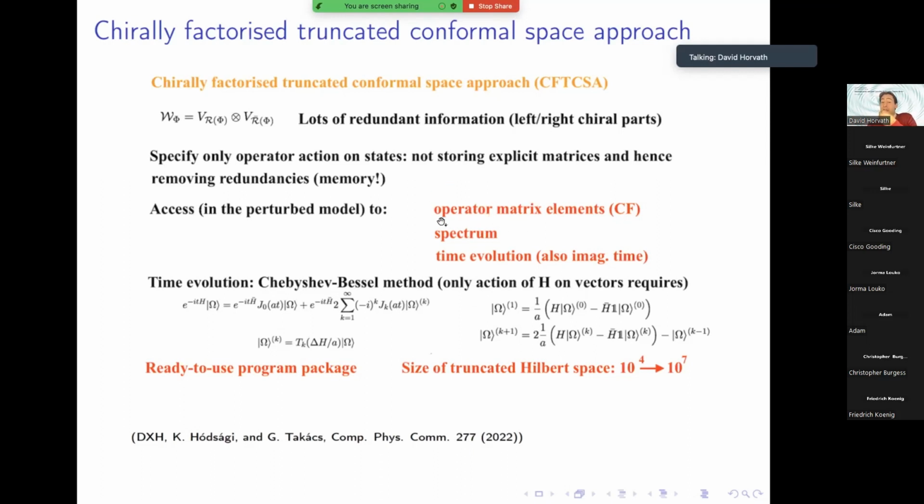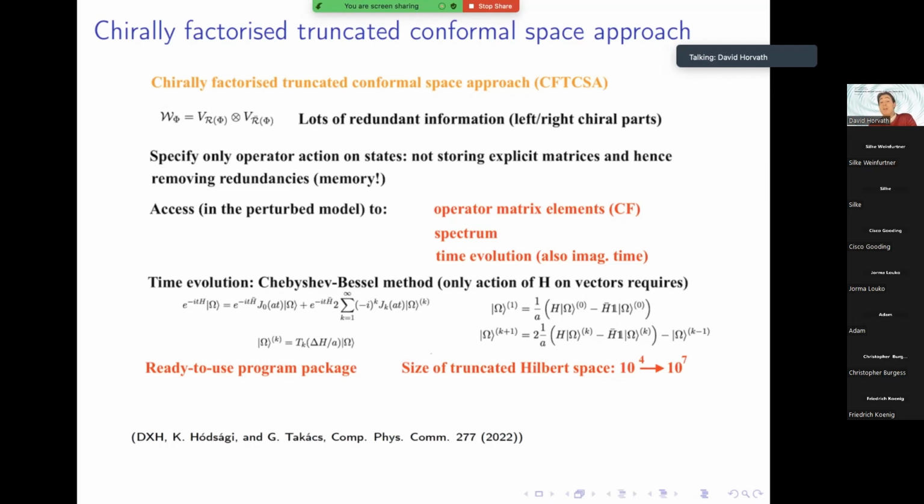If you only know how your, say, Hamiltonian acts on a vector, then you're already in a very good position because you can compute the spectrum of your theory, because Lanczos and other Krylov space algorithms require only the action of your matrix on a vector. You can do time evolution, also imaginary time evolution, because the Chebyshev-Bessel method again only requires the action of matrices on vectors. And constructing matrix elements is trivial.